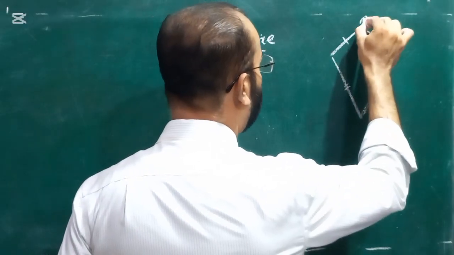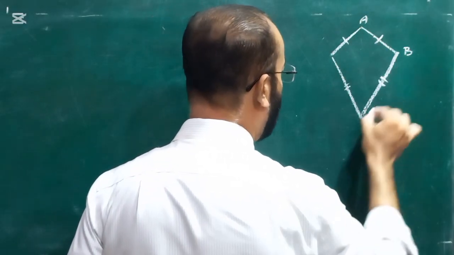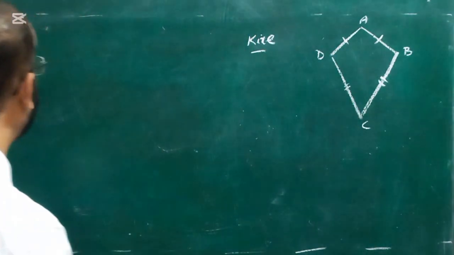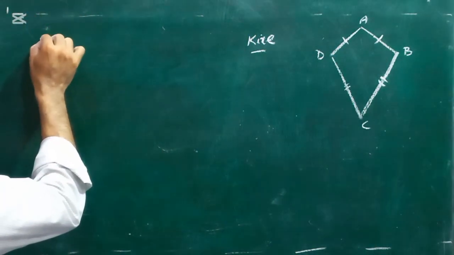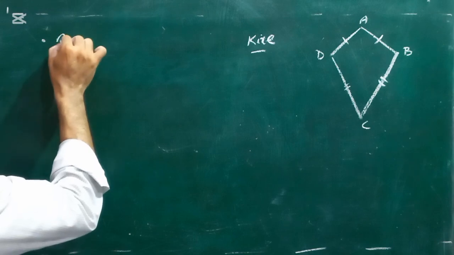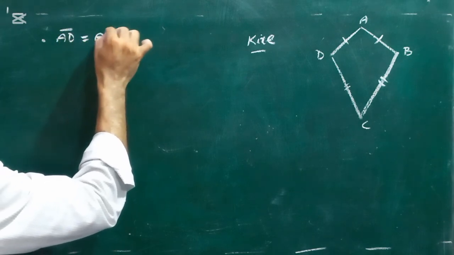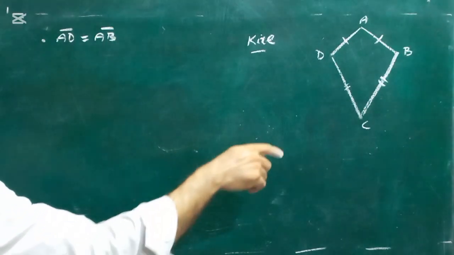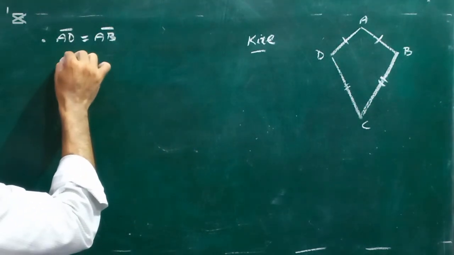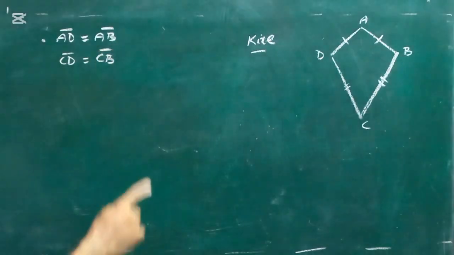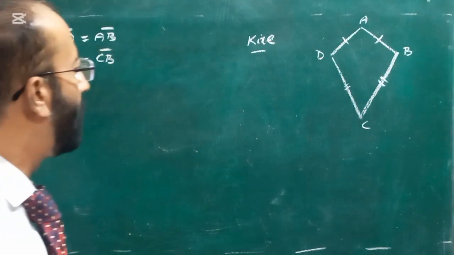For example, if we name the figure ABCD, the first property will be AD equal to AB and CD equal to CB. So this is the first property which is applied.